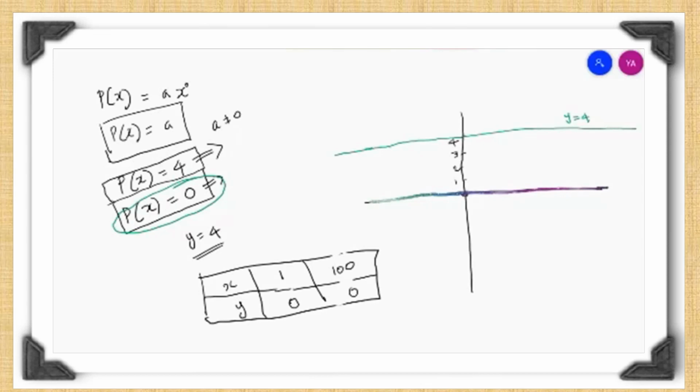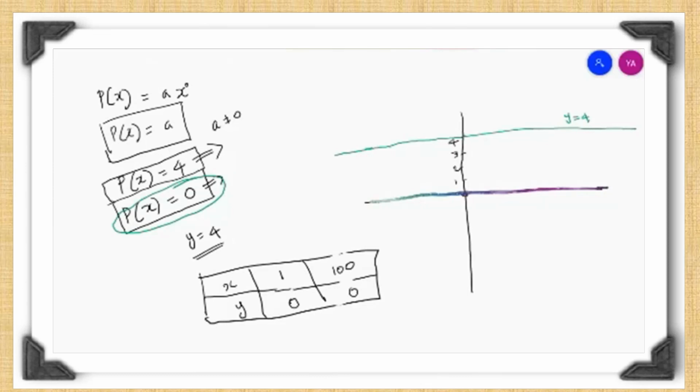It intersects everywhere on the x-axis, right? That means all the real numbers are zeros of this polynomial. This polynomial is called the zero-polynomial. So for the zero-polynomial, there are uncountably many zeros. In the 9th standard textbook, you can say that for a zero-polynomial, there are infinitely many zeros.